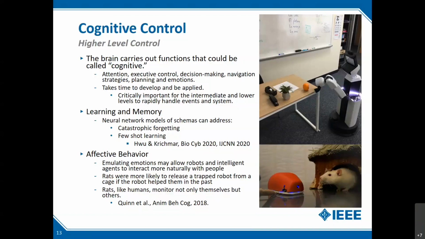For learning and memory, the robot on the top right was one of our robots that had a memory model based on the hippocampus interaction with the frontal cortex. Without going into all the details of the brain, these areas could do some rapid learning and also put things into context, which we called schemas.